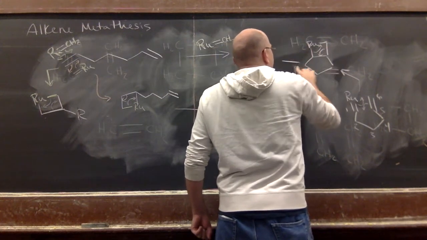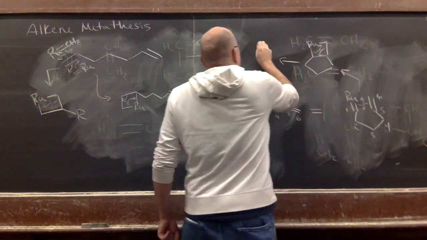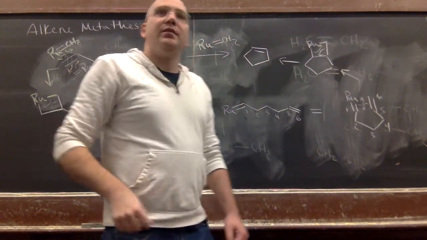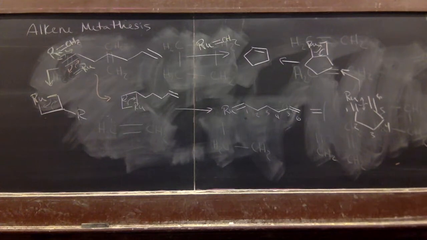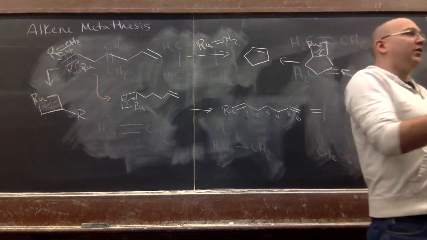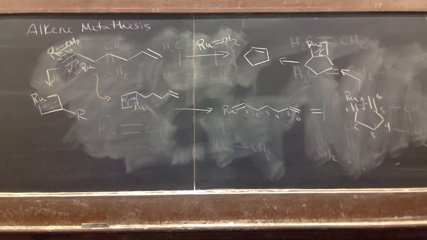Final step is going to be cyclopentene. You see that? In the process, we're going to regenerate the ruthenium, right? So we could certainly draw a catalytic cycle that shows this as well. Maybe we can do that as well.